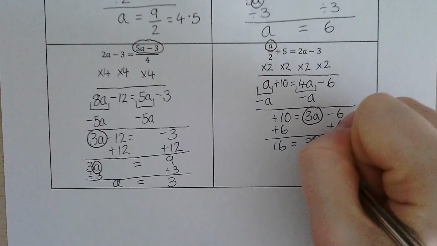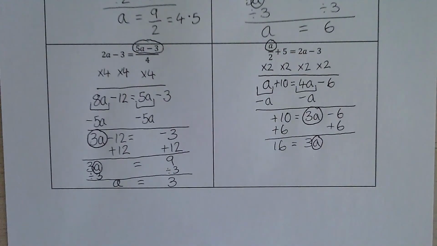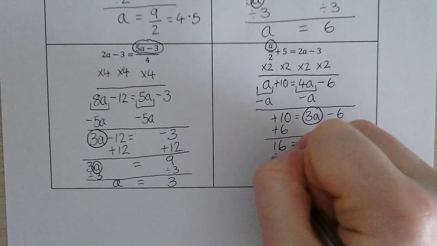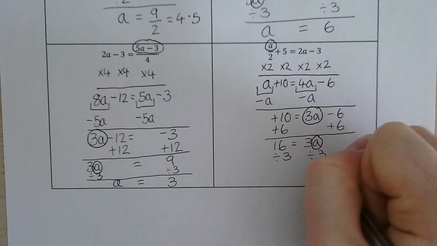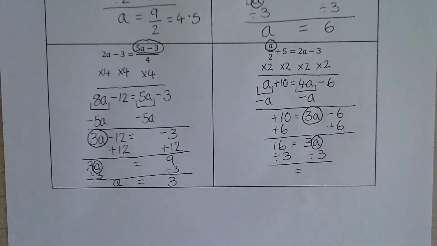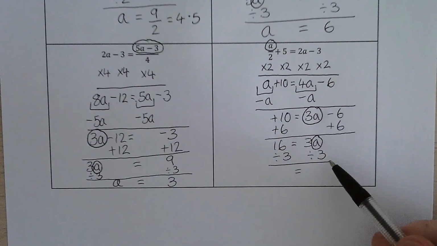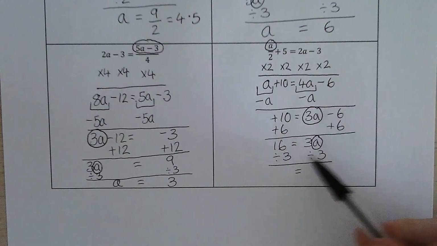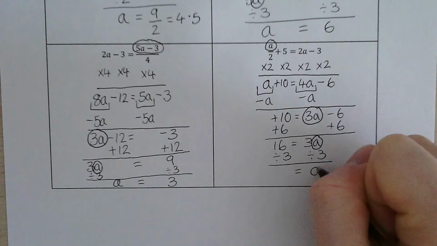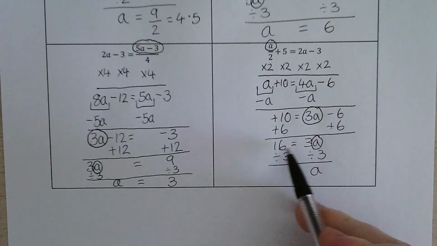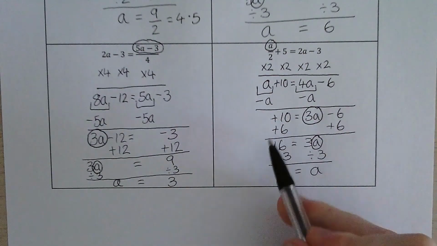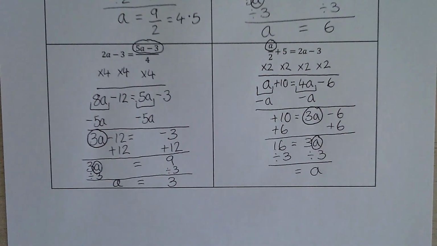And to isolate the variable, we need to get rid of the multiply by 3. So we will divide both sides by 3. Well, we'll start with the right-hand side here because it's slightly easier. 3a divided by 3 is just a. I've got 16 divided by 3. 16 is not in the 3 times table.